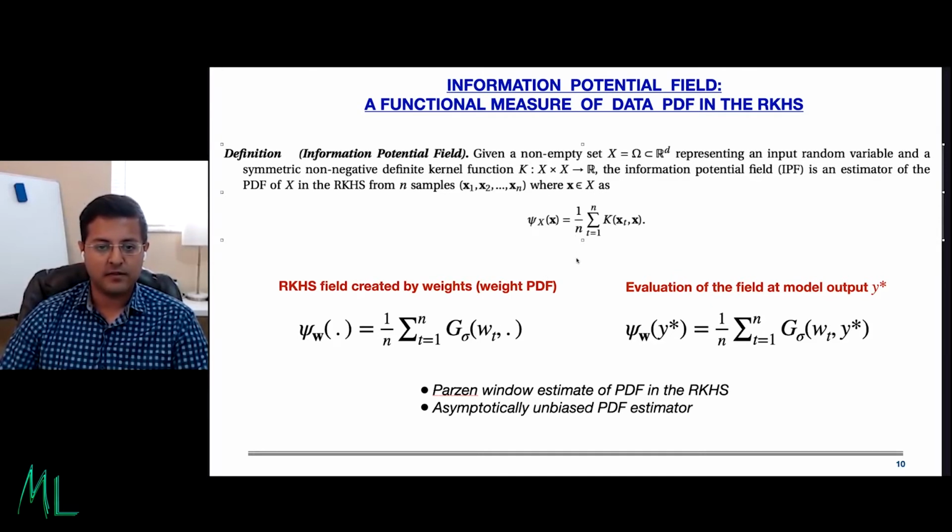And if we employ this for our method for quantifying the weight PDF, the formulation becomes as follows. The information potential field of weights is determined as the mean value of kernel evaluations centered on each of the weights of the model. And this is the intrinsic PDF of the weights that we work on.